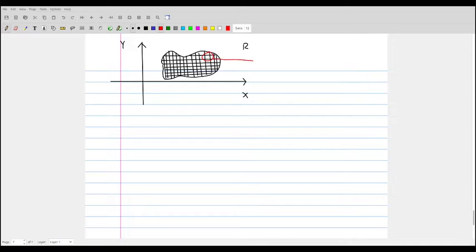Let's say we take this piece right here. Let's say this is the ijth piece. The mass of the ijth piece is approximately equal to the density function at a sample point in that rectangle multiplied by the area of the rectangle.